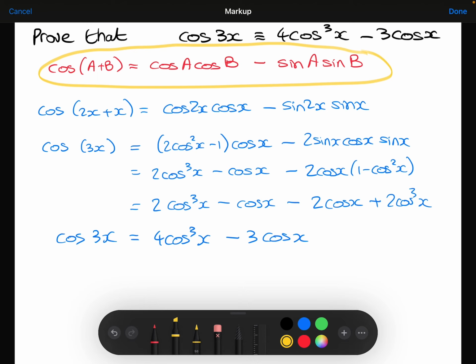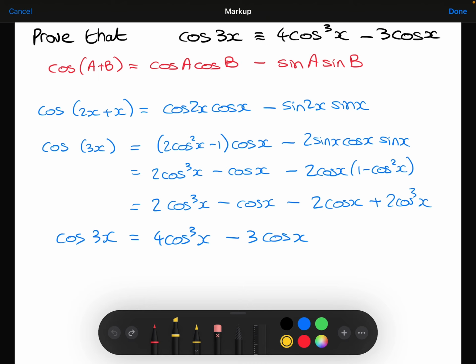This time though, instead of having a and b as x, I'm going to have a as 2x and b is x, because that's going to give me the 3x that I need. So replacing a with 2x and b with x.